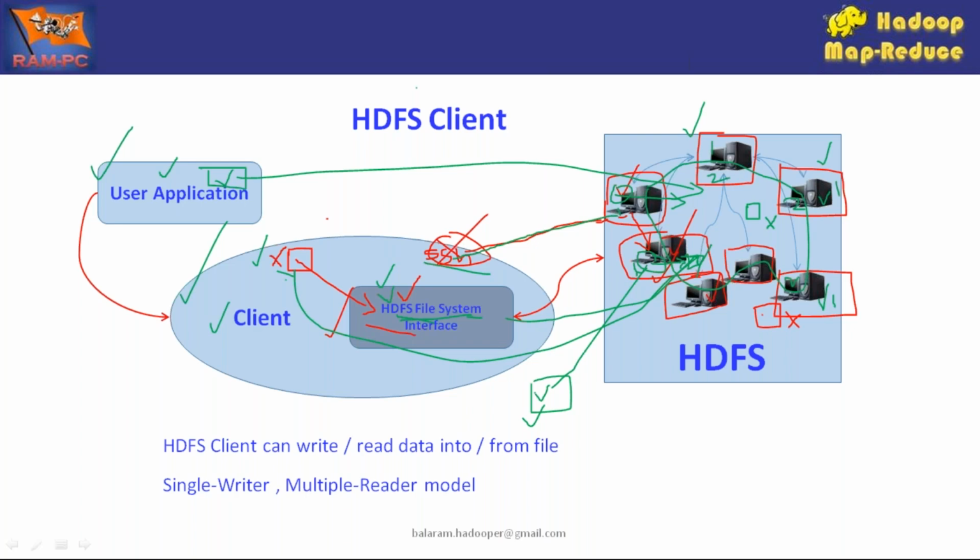Then Pig, Hive, Sqoop, Flume. Pig and Hive are for analytics, and Sqoop and Flume are for data ingestion. Sqoop is for connecting with the databases. Flume is for the streaming data.